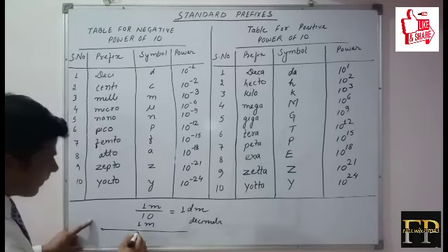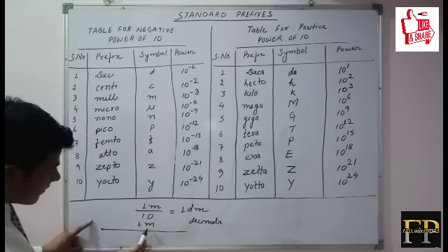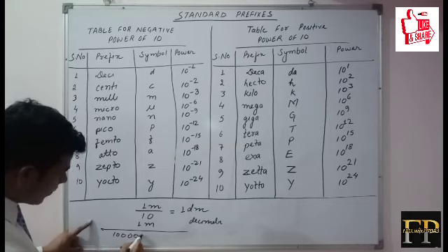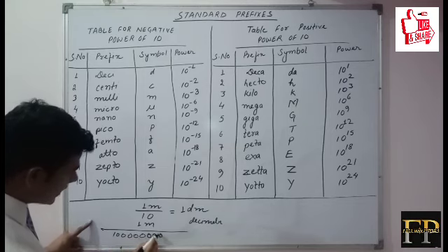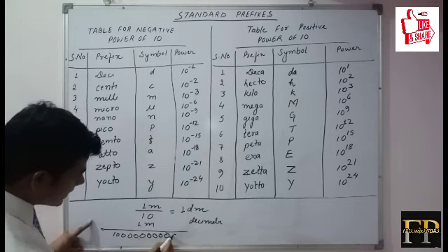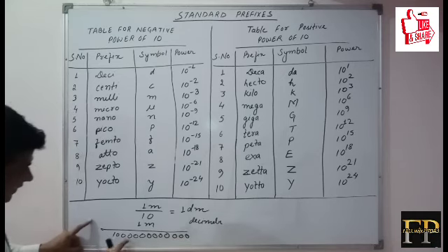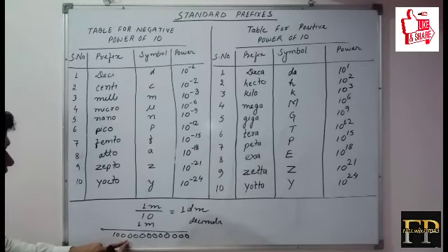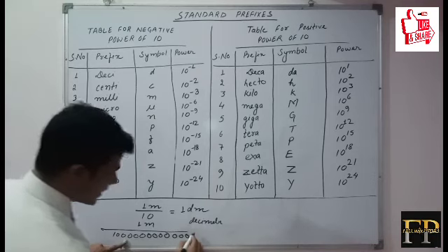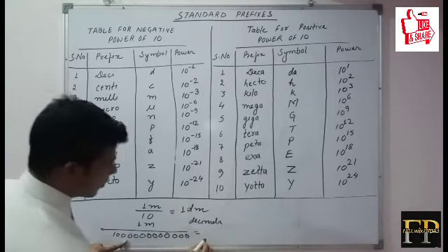If we take the example of length, and the SI unit of length is meter, then this much a smaller amount of length is considered to be 1 picometer.